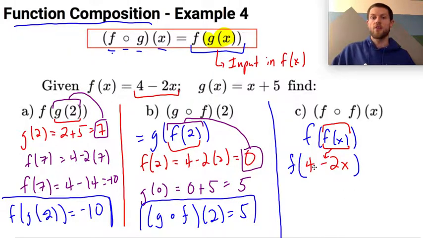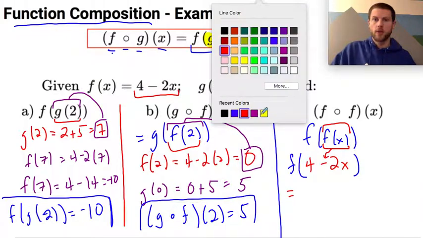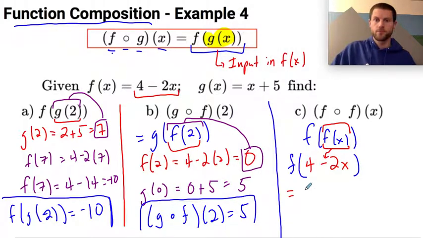So let's find what f of 4 minus 2x is. What does that mean? It means that wherever I see an x, I'm putting 4 minus 2x. So this is going to equal 4 minus 2 times whatever my input is, and what I'm doing is taking this 4 minus 2x, and that becomes the input in this function.